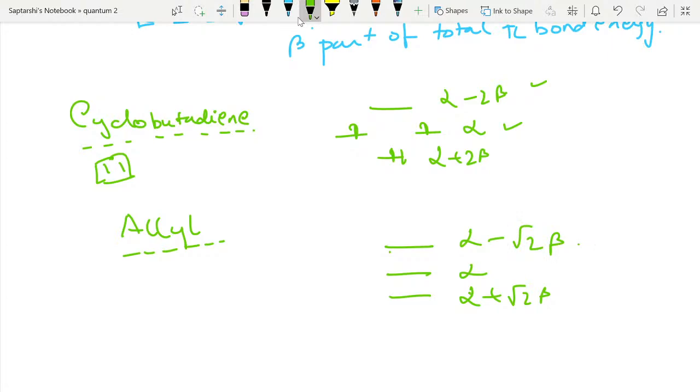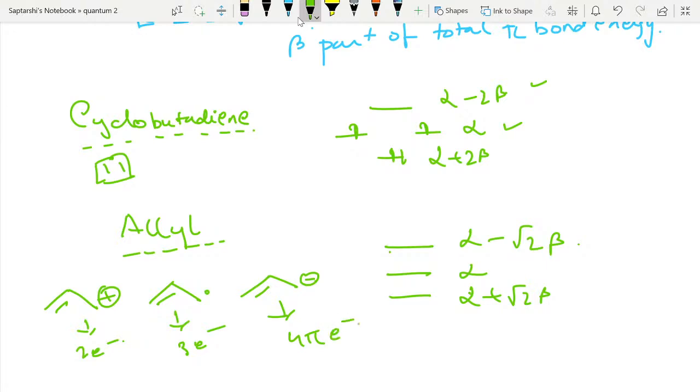An allyl system can be of 3 forms: allyl cation, allyl radical, and allyl anion. For allyl cation, there are 2 pi electrons; for allyl radical, 3 electrons; for allyl anion, 4 pi electrons. You have to memorize these levels.